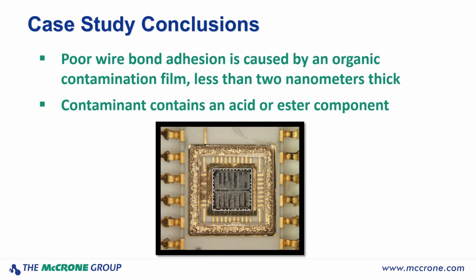The levels on the poor pads are consistent, and the absence of this contaminant on the good pads is very consistent. From this information, the client was actually able to identify the source of the material as an ester-based lubricant being used in the facility, and efforts made to control that lubricant and reduce the background levels did result in more consistent wire bond performance.